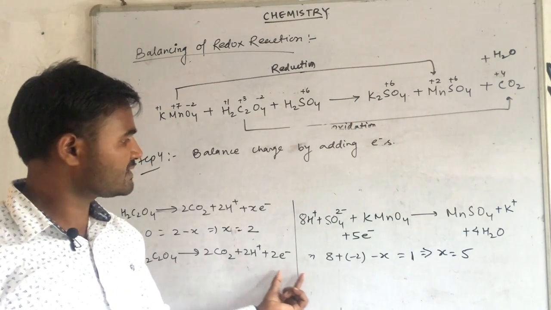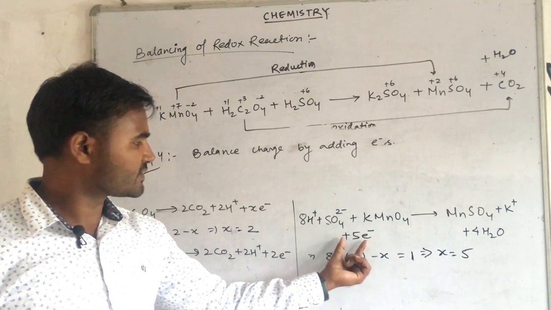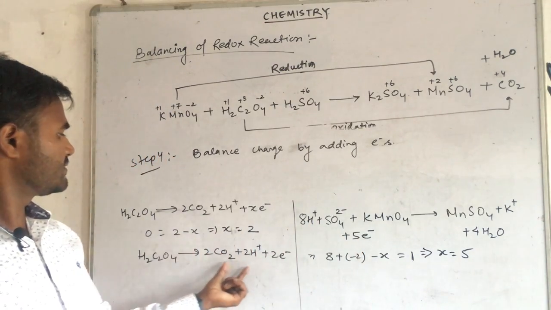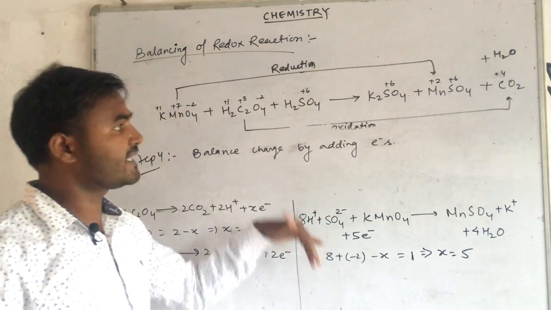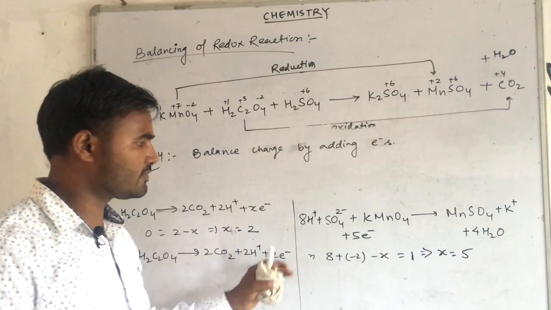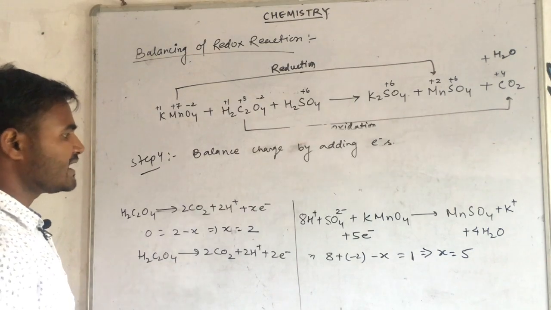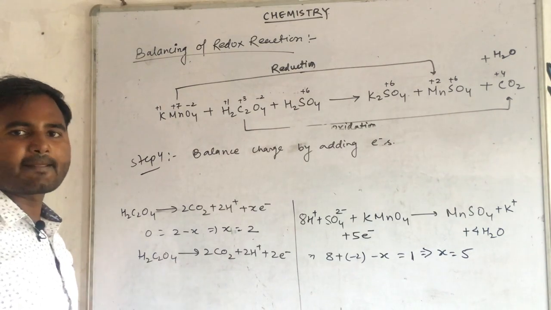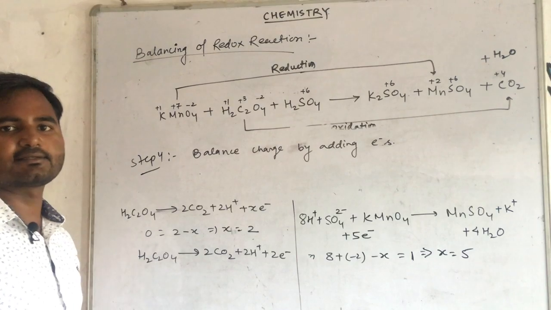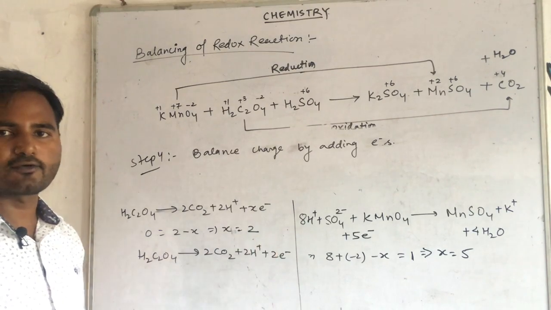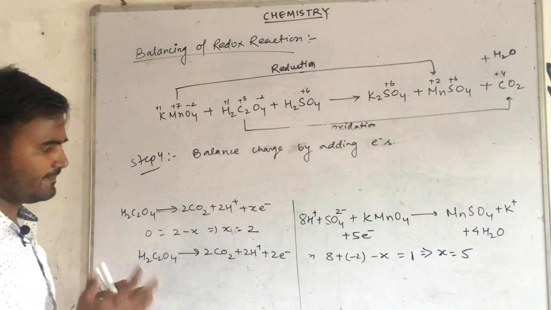But in this equation we have electrons. So to get the initial reaction we have to remove the electrons. To remove the electrons you have to simply multiply by a suitable stoichiometric coefficient and add them.